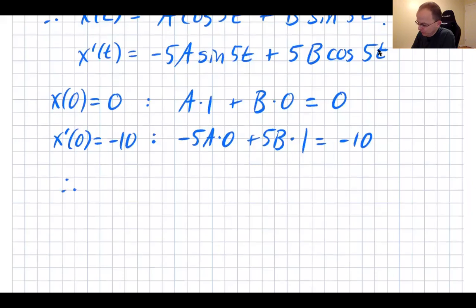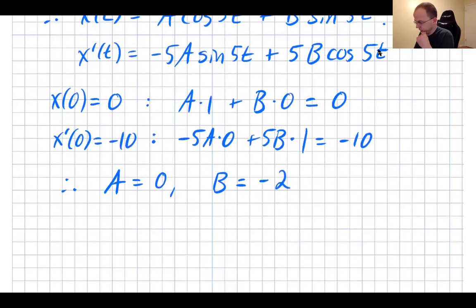Therefore a is 0, and b is equal to minus 2.